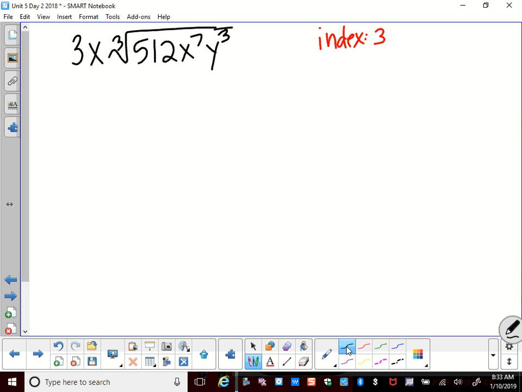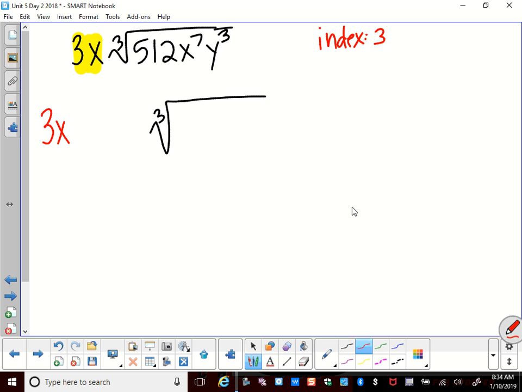All right, I'm going to rewrite my radical with my index inside. What is on the outside? 3x is on the outside, so guess what? It's going to stay on the outside. I left some space because I know I'm probably going to have to bring some things out under my radical. So always give yourself some space.